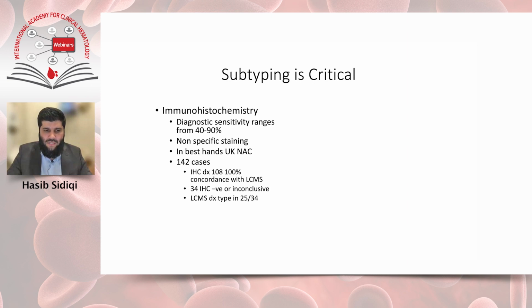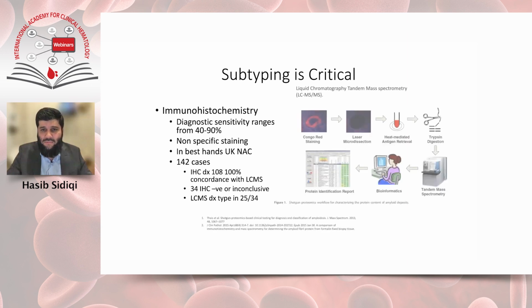And there's a good study from the UK National Amyloidosis Consortium that has shown improved sensitivity and concordance with mass spectrometry by using immunohistochemistry techniques. There are, however, cases where immunohistochemistry is inconclusive, and for those cases, really, we need mass spectrometry.